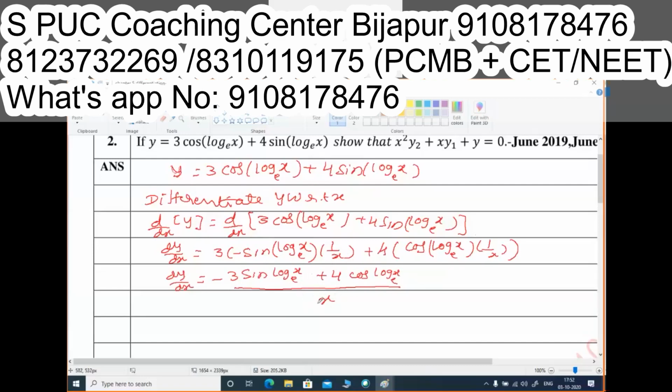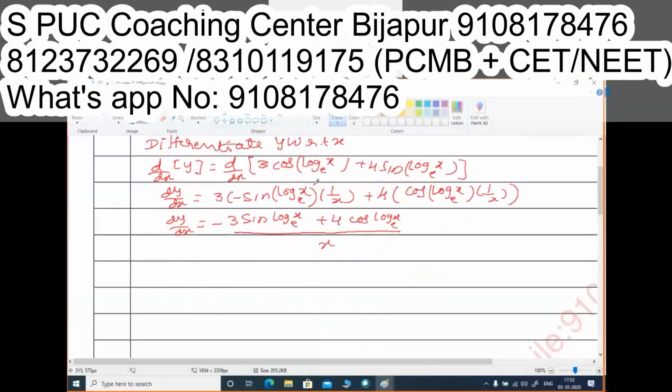What you have to do right now, you just do the multiplication on this side. Yes, Sanket, what is going to happen if you multiply on this side? Implies that x into dy by dx is equals to minus 3 sine of log x to the base e plus 4 cos log x to the base e.